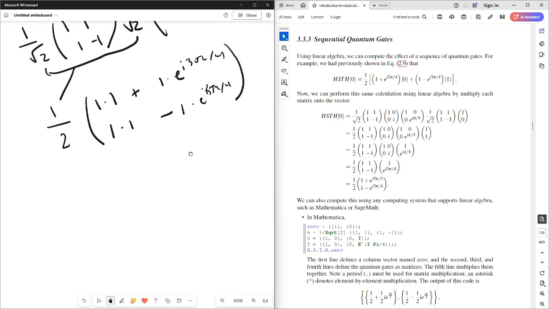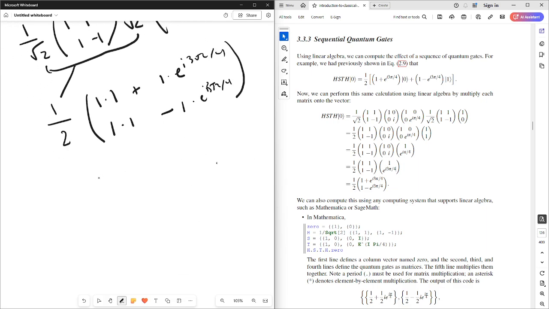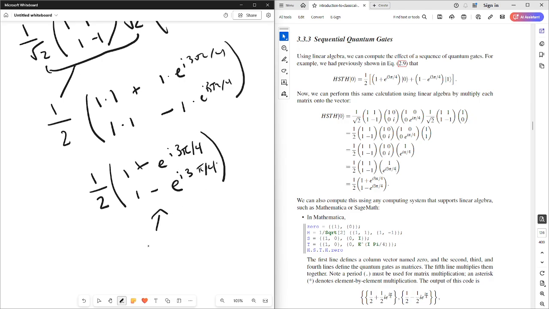So our final result for our superposition is going to be 1 plus e^(i3π/4) and 1 minus e raised to the i3π/4. And these are amplitudes of our new superposition.